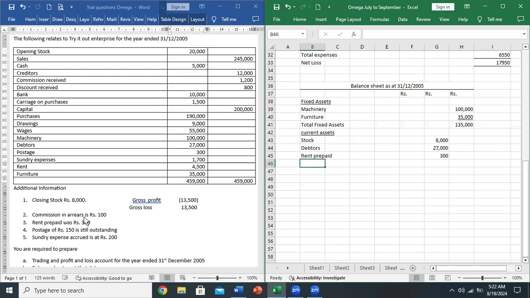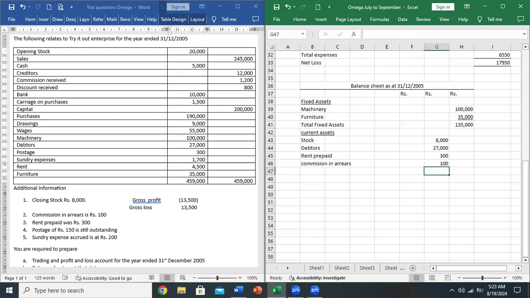Then you also check for accrued income, any income in arrears. And you all saw that the commission, which is an income, was in arrears. So we have to also bring that commission in arrears, which is 100.